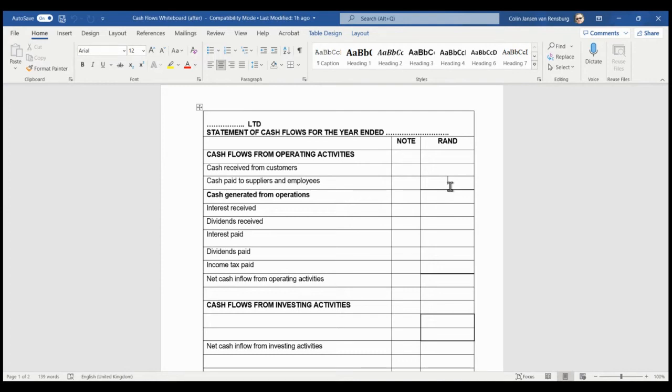Right, ladies and gentlemen, really, when one thinks about it, all you need to draw up a statement of cash flows is the rest of the financial statements. So you need your statement of comprehensive income for this year. You need your statement of changes in equity for this year.